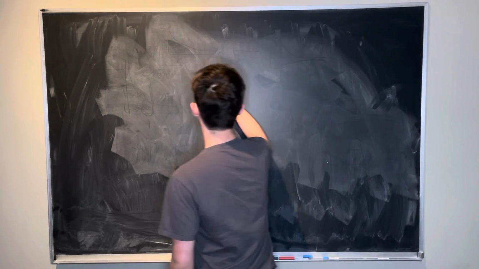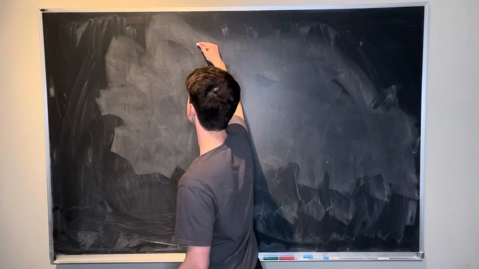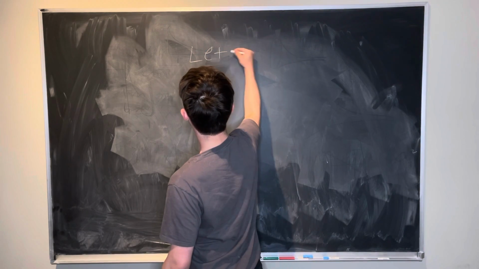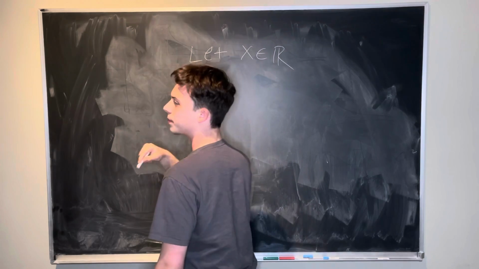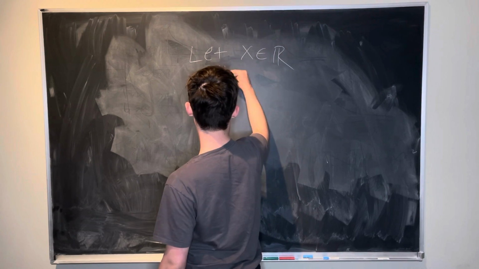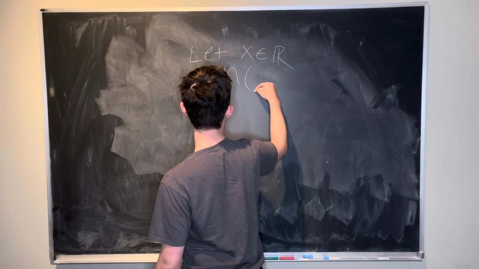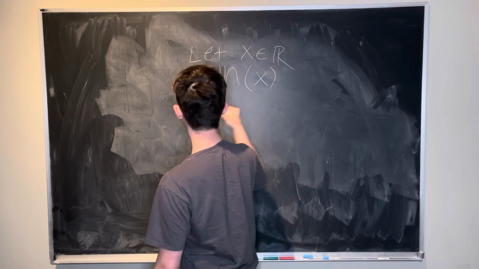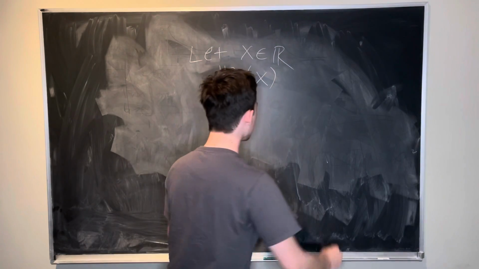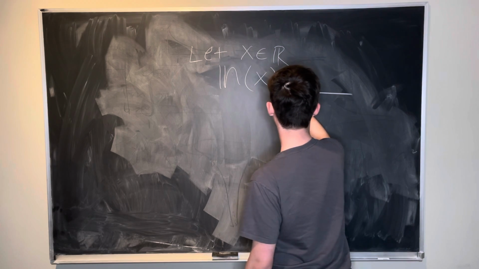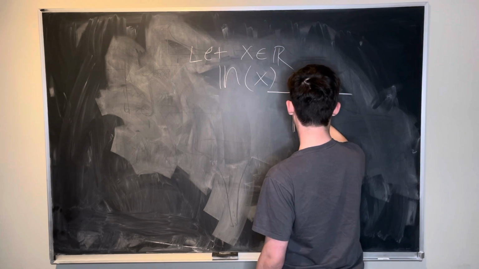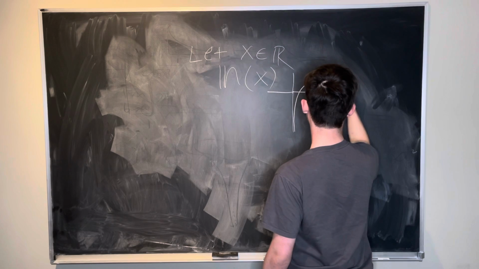So we're all familiar with, well, first let's let x be an element of the reals. We're all familiar with the natural logarithm function. It looks something like this. Let's draw a little Cartesian plane here.